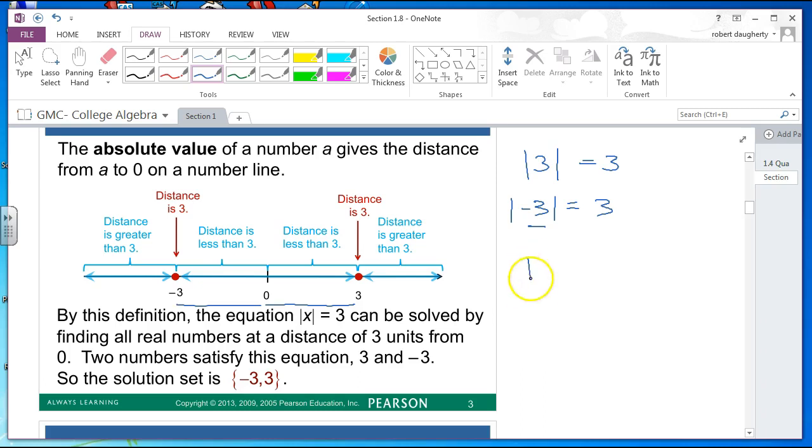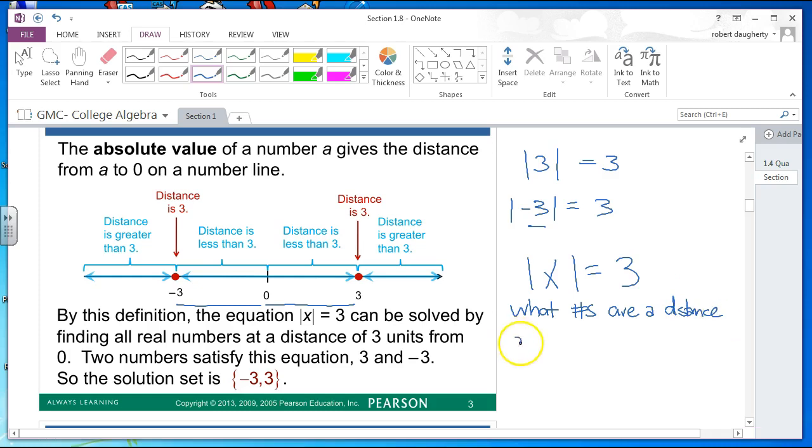So if I had something like this, the absolute value of x is equal to 3, that is asking me what numbers are a distance of 3 from the origin, which is 0.